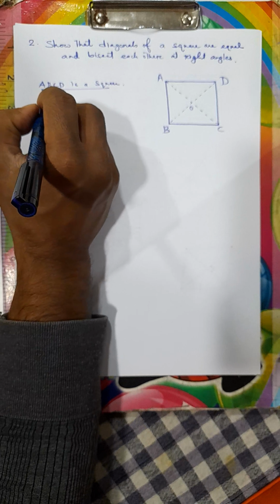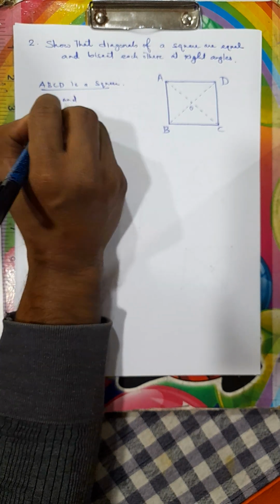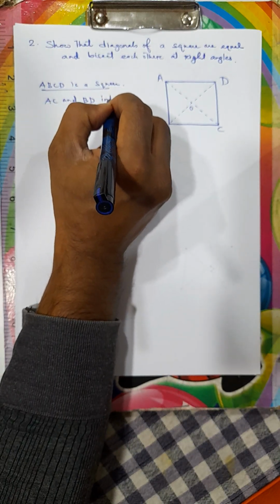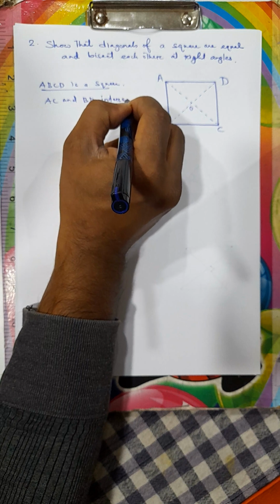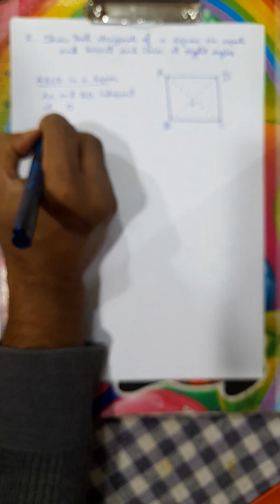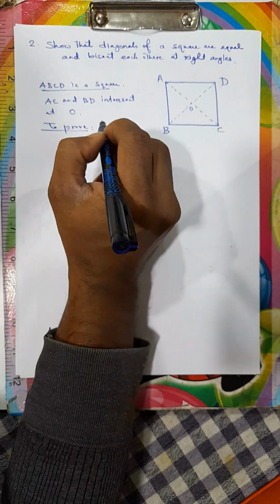Now AC and BD intersect at O. To prove, what is to be proved?